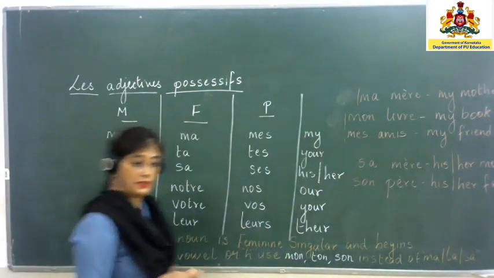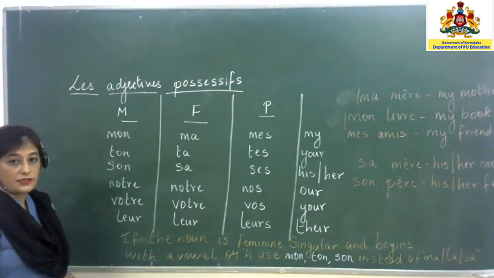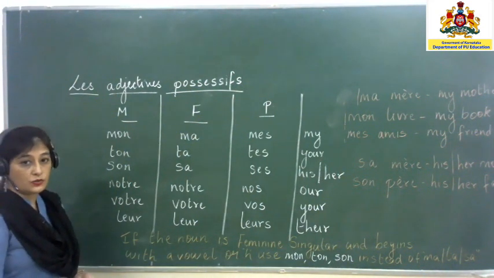I hope that is understood. If the noun is feminine singular and begins with a vowel or H, use mon, ton, son instead of ma, ta, sa.